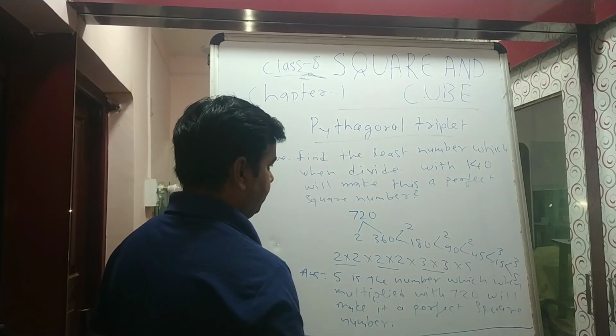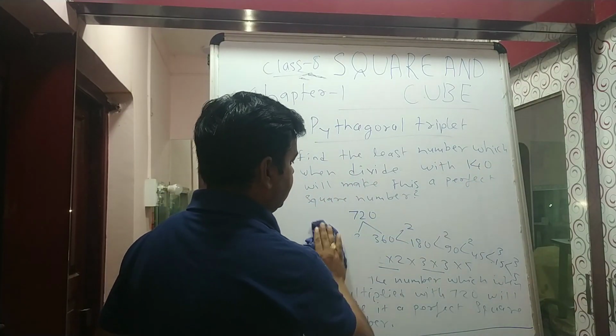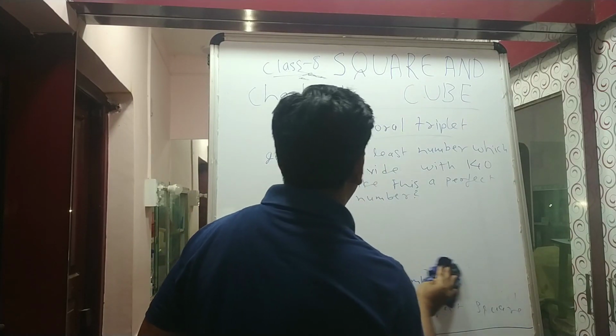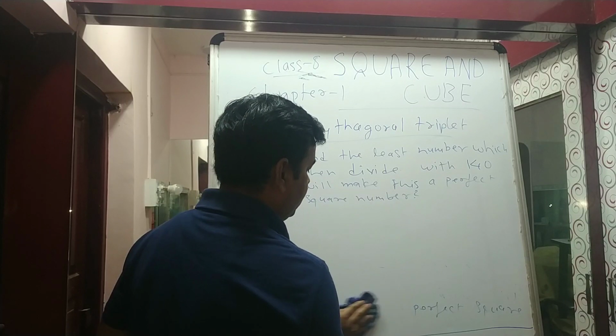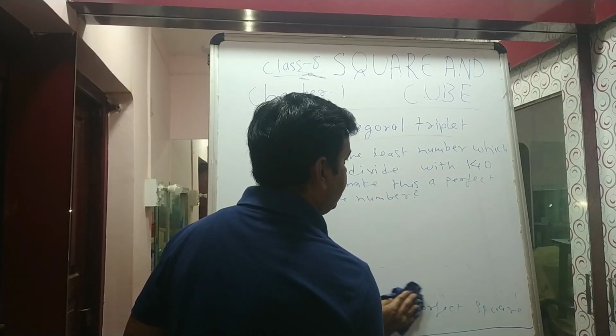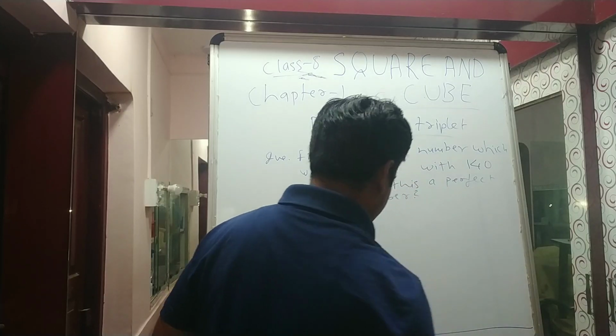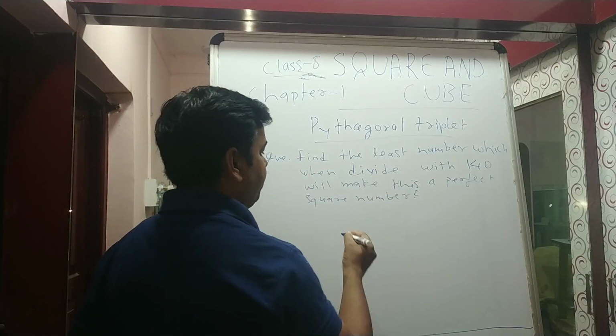Other question is same. Means the question is find the least number which when divided with 140 will make this a perfect square number. We need to first find the factors of this.